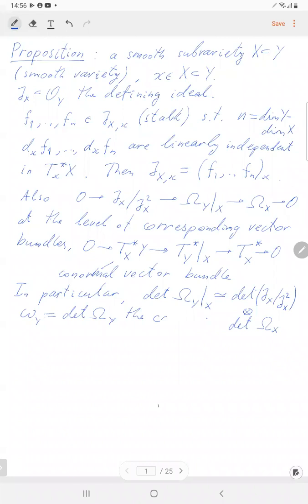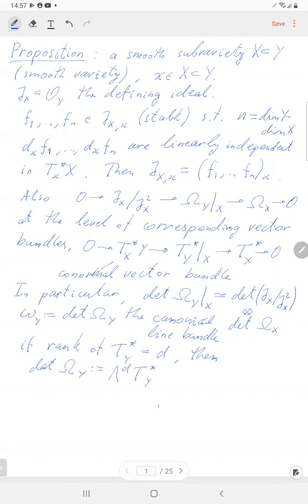Someone asks how this omega Y is defined, whether we take the determinant of a matrix. No. If the rank of the cotangent bundle is say d, then when I write determinant of omega Y, by definition this is the top exterior power, namely the d-th exterior power of this cotangent bundle. This is just a definition, not notation.